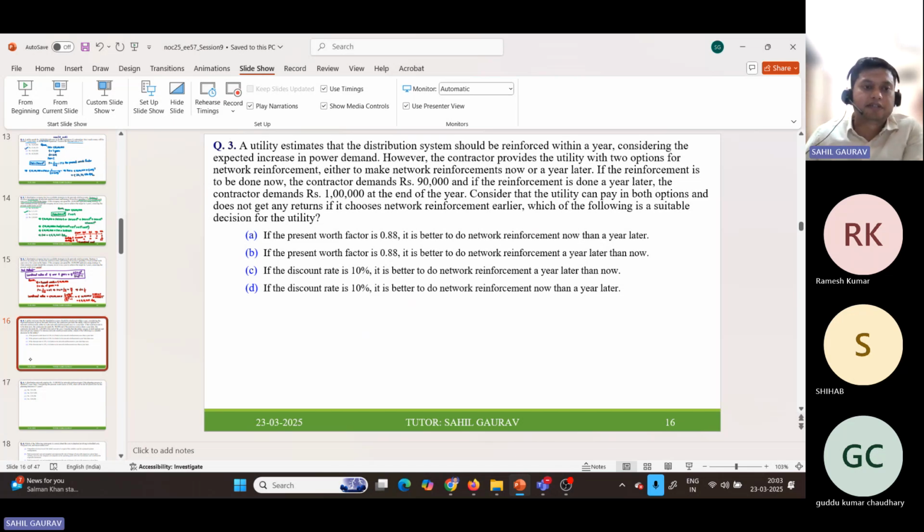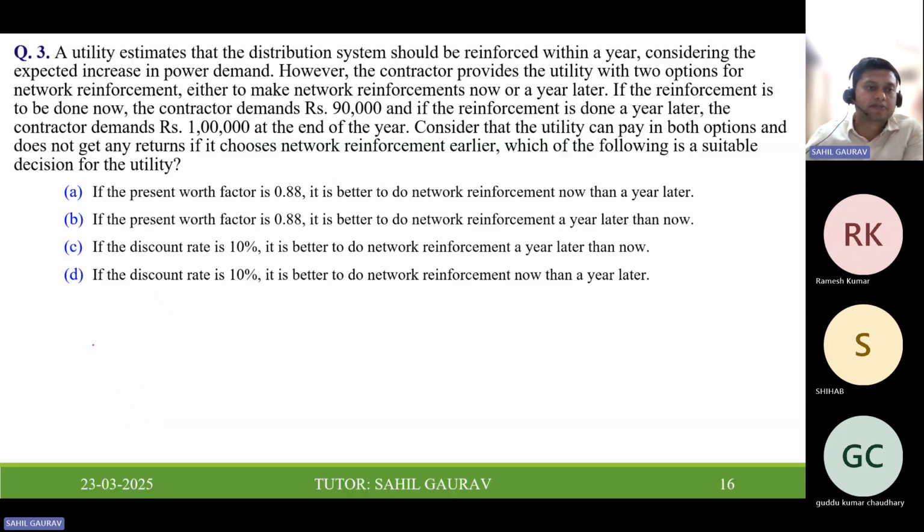So let us first see the first case. In that they have given that the present worth factor is 0.88. T is also given. T is a year later, so T is 1 year.